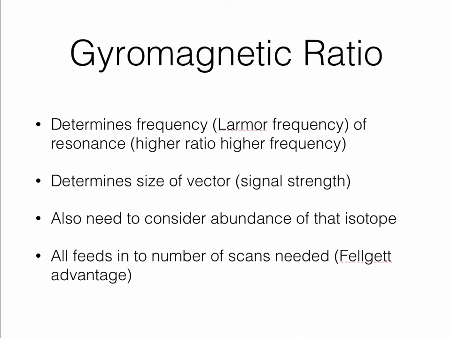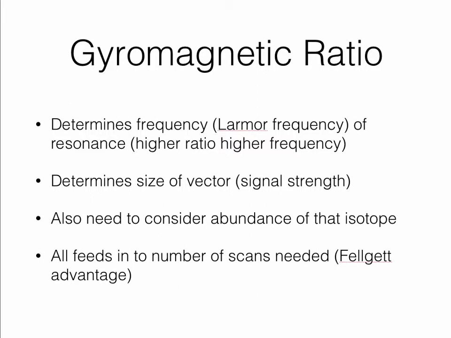So, the gyromagnetic ratio is going to determine the frequency of resonance. This frequency of resonance is called the Larmor frequency, and the higher the gyromagnetic ratio, the higher the frequency will be. This also determines the net size of the magnetic moment, which is really related to your signal strength.